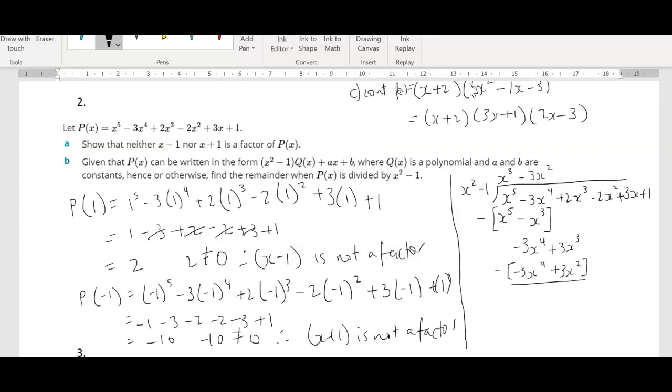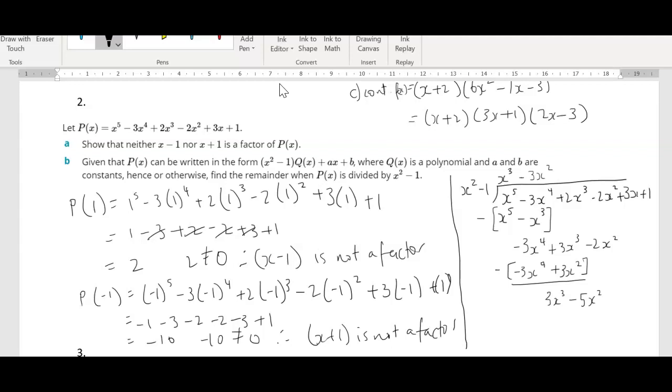So bring down the negative 2x squared, sorry, I did the wrong power. So we're going to have now 3x cubed, and then negative 2x squared minus negative 3x squared, so minus 5x squared.